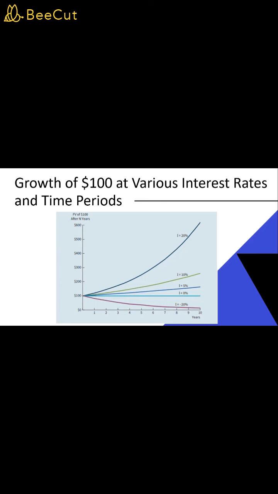However, if you're earning 20%, you'll see a significant increase in your investment. If, on the other hand, you're earning a negative 20%, the value of your money is going to be going down, so it's going to be a lot less. We've kept the amount of time the same here, 10 years, but the main thing you can see is how the return you get depends on the interest rate.